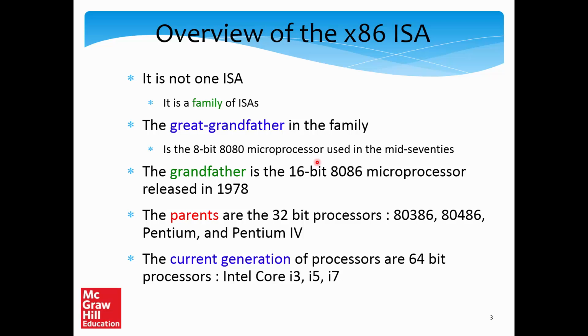So the main features. Again, why is the name of this architecture x86? Because as you can see from the previous slide, there are a lot of microprocessors with the suffix 86: 8086, 80386, 486, Pentiums, Intel Core i3, i5, i7. All of them pretty much use the same kind of assembly language.